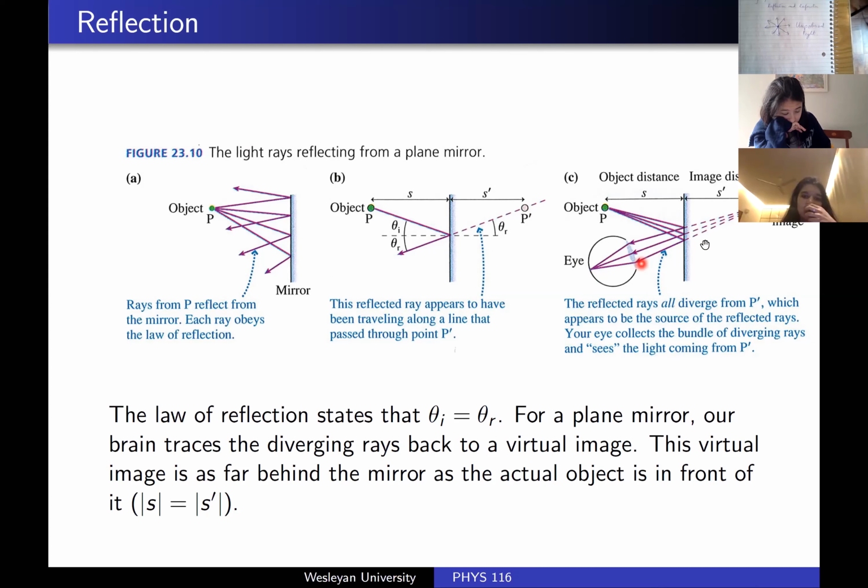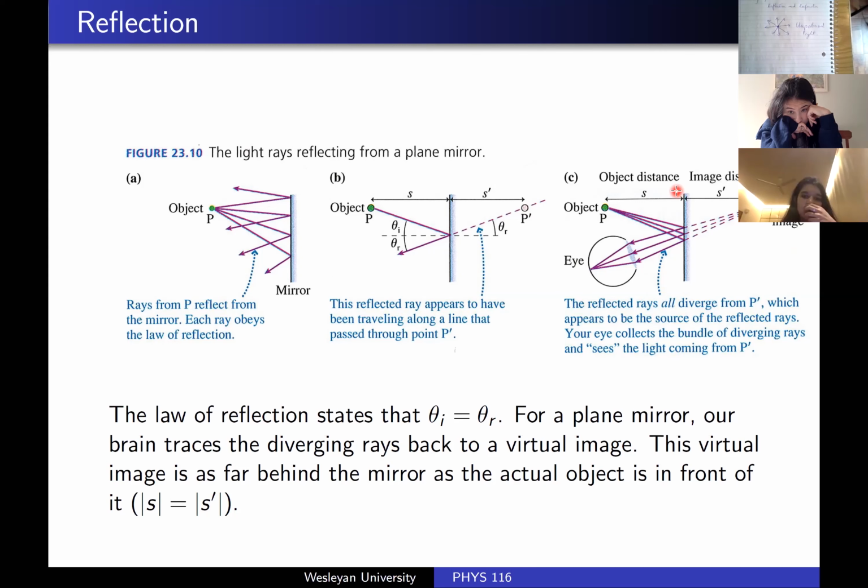And what do we see in the mirror? We see an image of the object, as if it was behind the mirror. The way we can figure that out geometrically is to look at these reflected rays and trace them back. We see that they appear to be coming from a single point, and that is called the virtual image of the object.